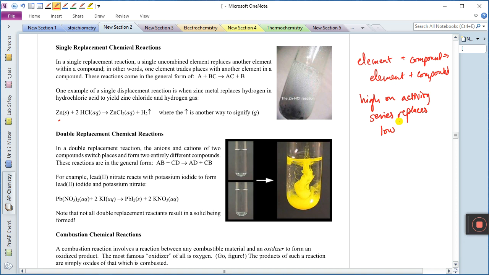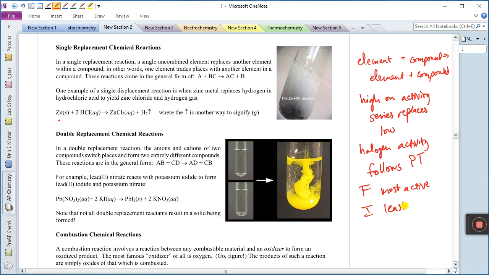The other one to remember on activity series. So activity series for metals, you'll be given. Activity series for halogens is the other thing you have to look for. Halogen activity follows the table. Fluorine is our most active. Iodine is our least.